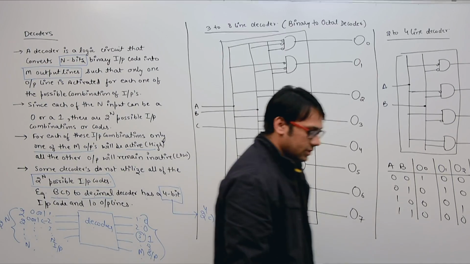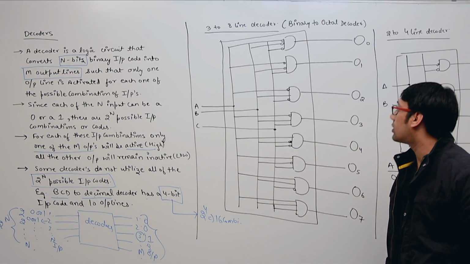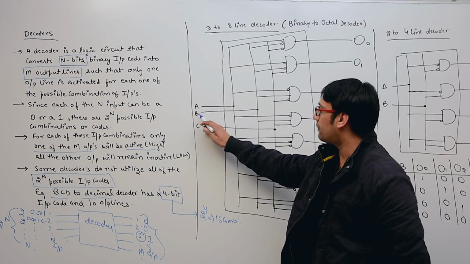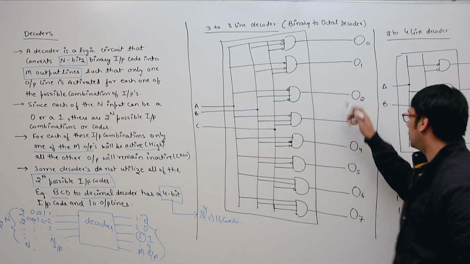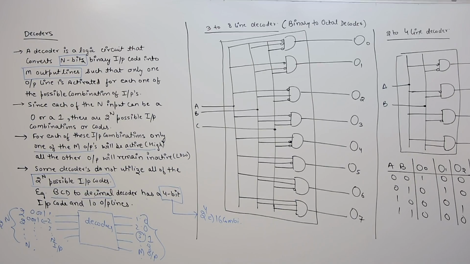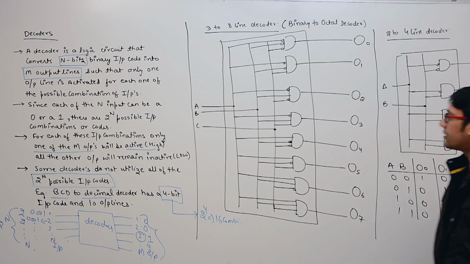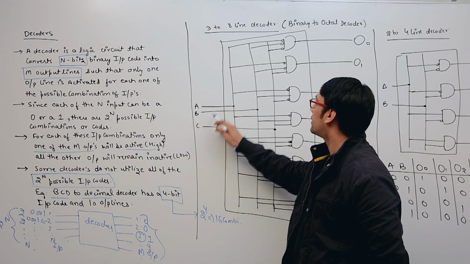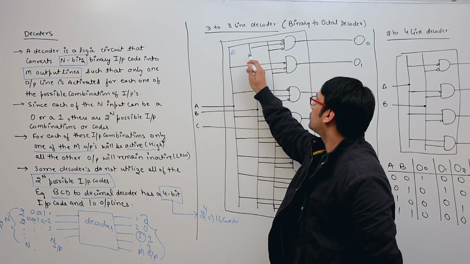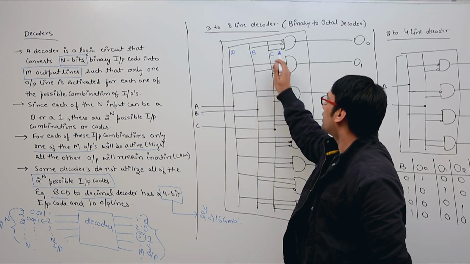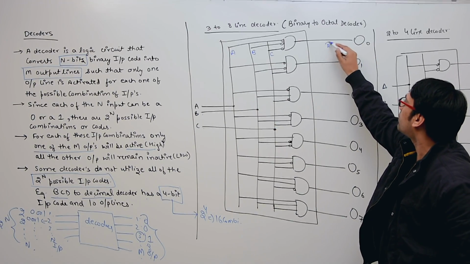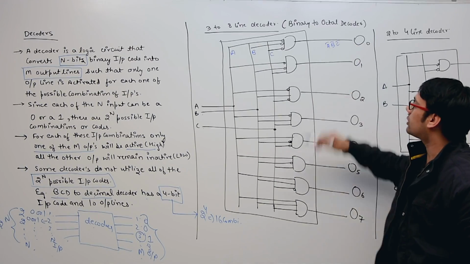So here is just a very simple example of a decoder. It represents a binary to octal decoder which has 3 input lines, A, B and C, and we have 8 output lines from O0 to O7. So you can clearly see, if this is A, this is B and this is C, that means to this line I am giving A, to this line I am giving B, and to this line I am giving C. Therefore this output represents A complement, B complement, C complement.